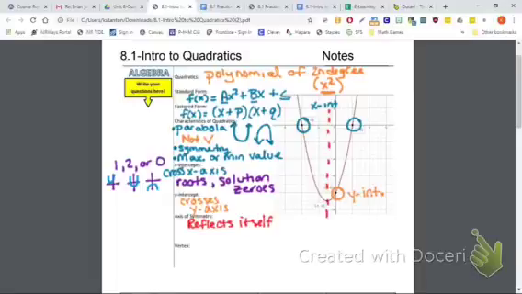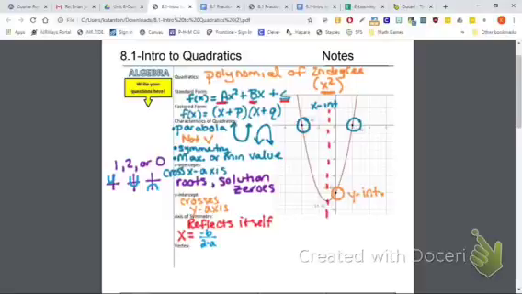It's not actually a part of the graph, but we use it to help ourselves. This axis of symmetry, we will label it as a line of x equals negative b divided by 2 times a. So negative b over 2 times a. And with that b and that a that I'm getting that from, that goes back up to our original a, b, and c up top in the standard form.